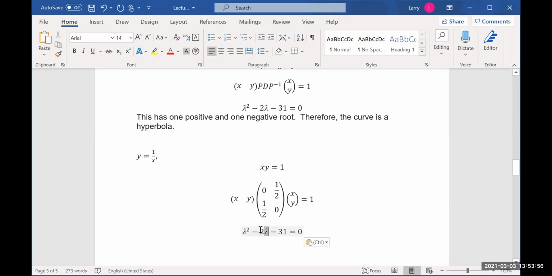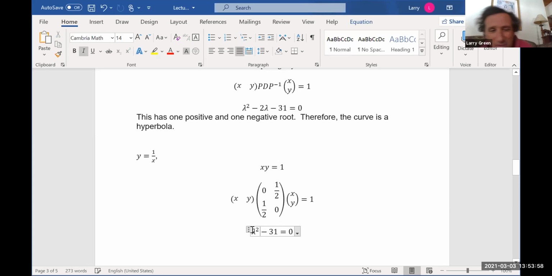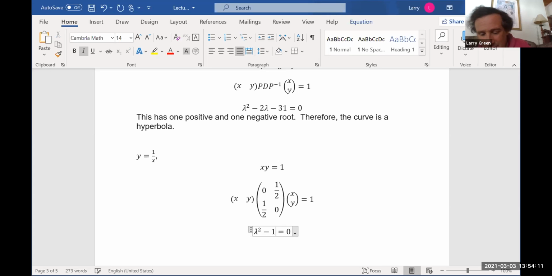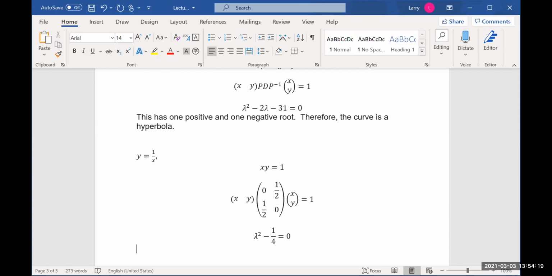Yeah, this is like the easiest trace in the world, right? So it's lambda squared minus 0 lambda. I can get rid of that. And then what's the determinant? -1/4. Mm-hmm. So that's going to be minus 1 over 4 equals 0. What's lambda? Plus or minus 1/2.